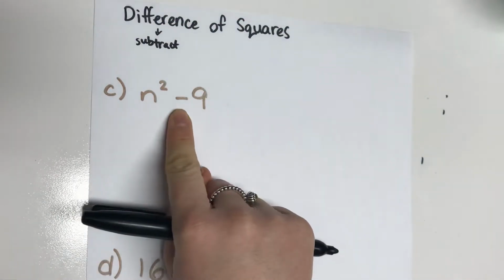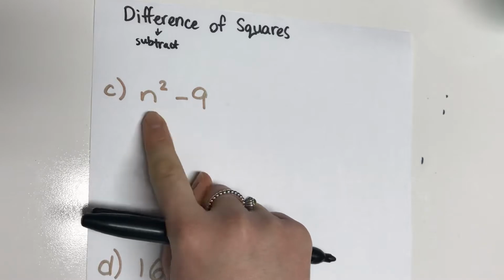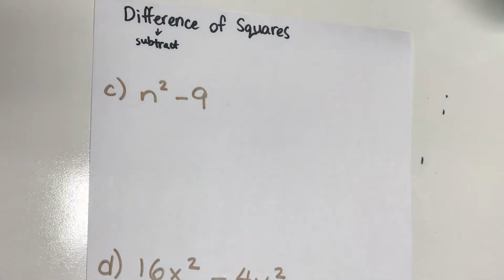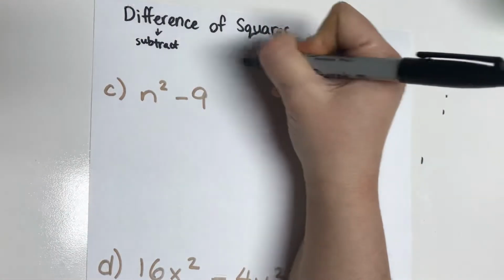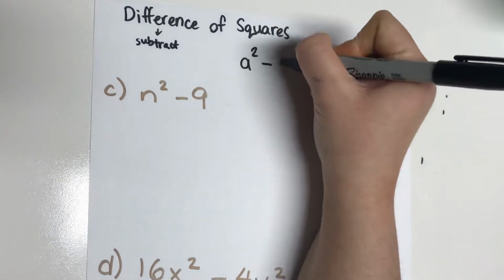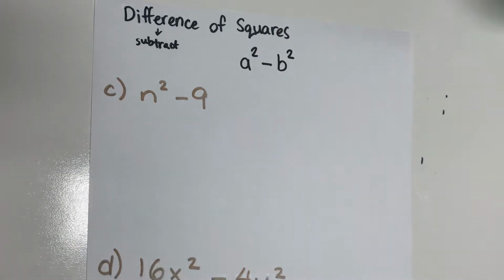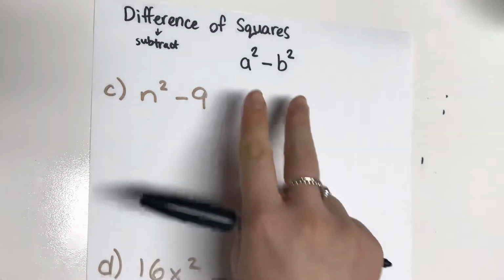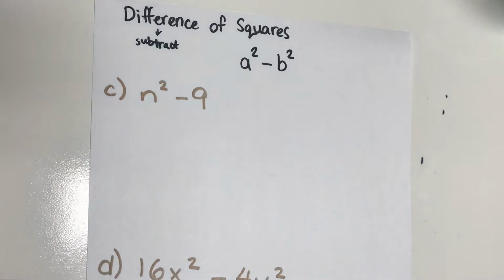And you'll notice in the examples, I have two square numbers and they're being subtracted. The general form for difference of squares is that I have a square number and then I subtract a square number. So this is my polynomial that I need to factor.